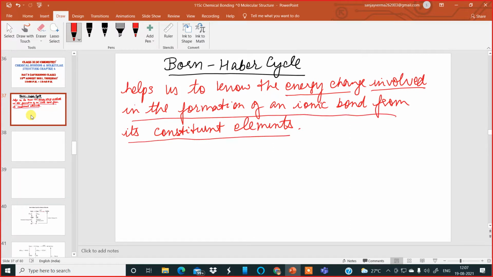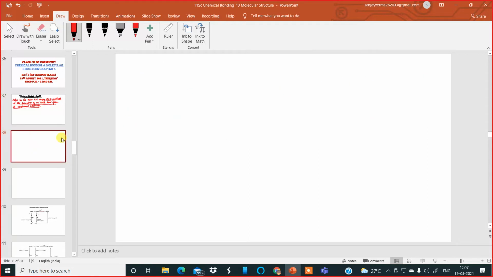Okay, now let us take one example and try to understand this Born-Haber cycle. Let's take the formation of sodium chloride.